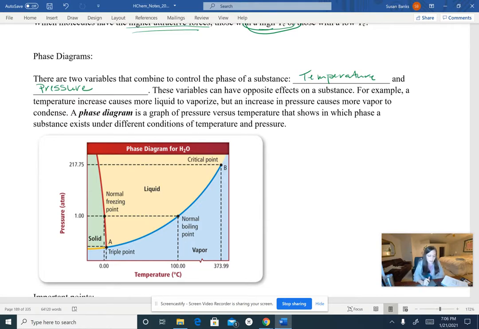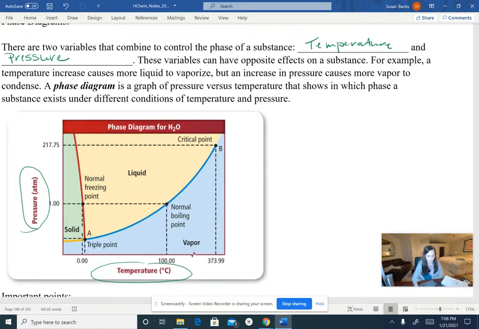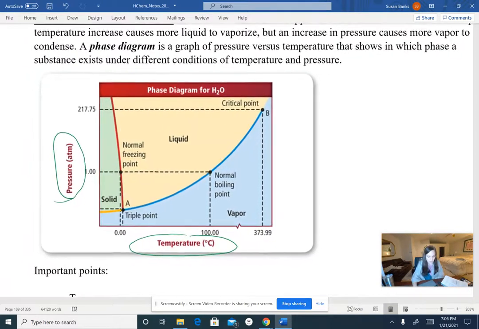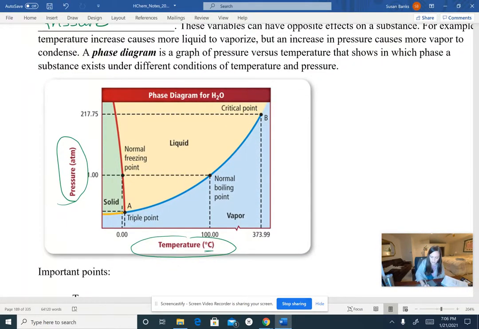A phase diagram is a graph of the pressure, which we always put on the y-axis, and the temperature, which we always put on the x-axis, which shows which phase a substance exists in during different conditions of temperature and pressure. Now temperature is usually in Celsius, sometimes it is also in Kelvin.